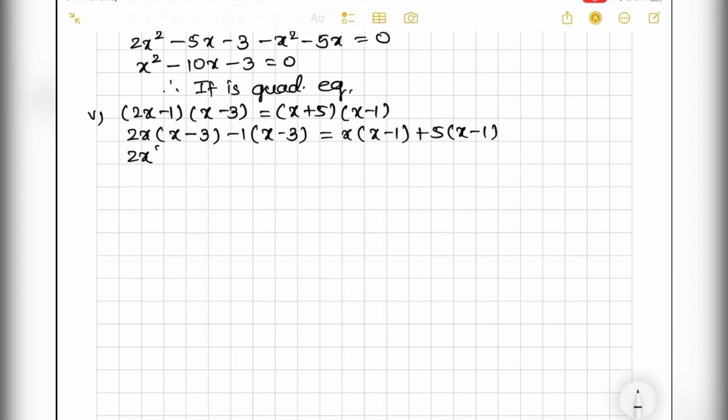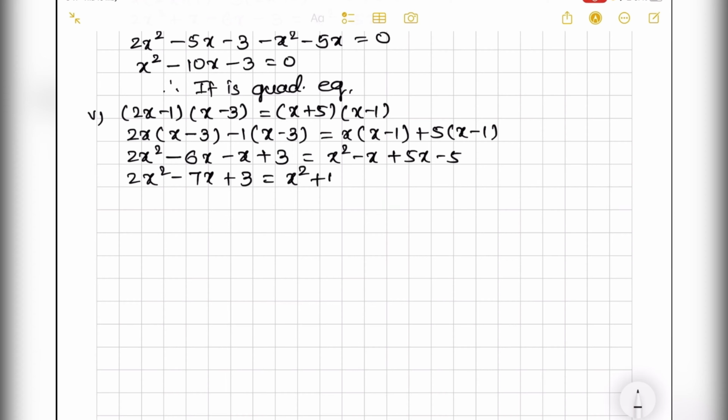So 2x square minus 6x minus x plus 3 equal to x square minus x plus 5x minus 5. 2x square minus 7x plus 3 equal to x square plus 4x minus 5.